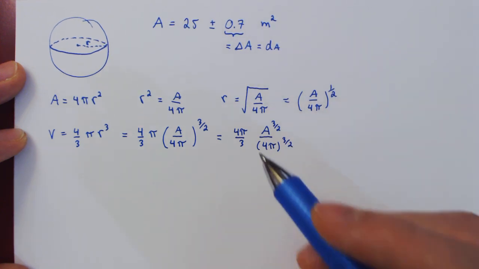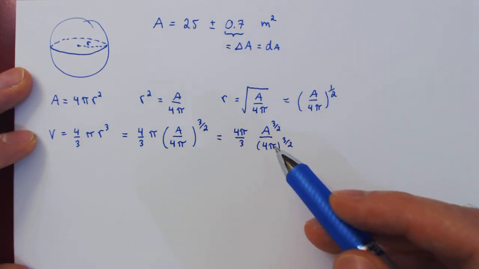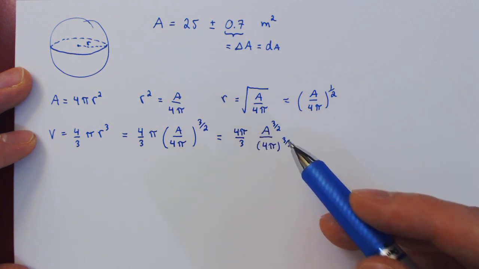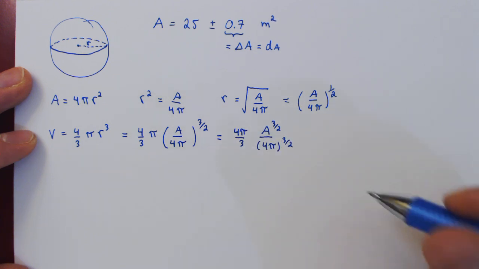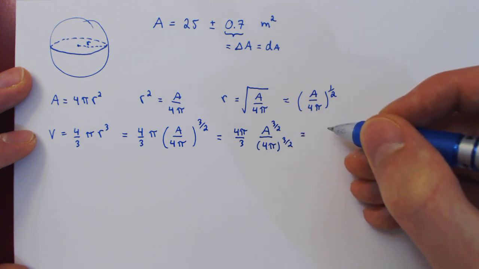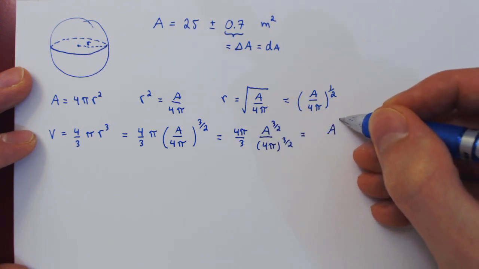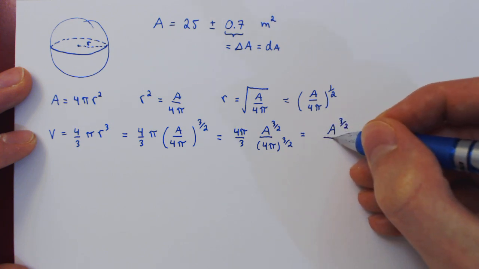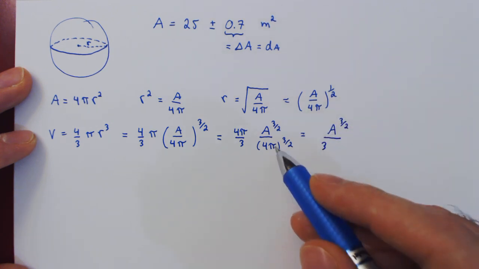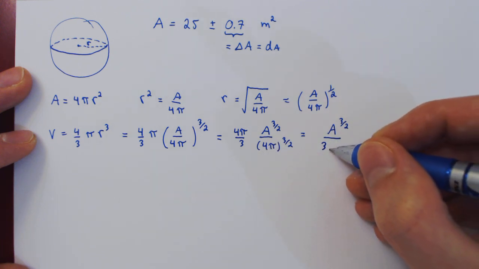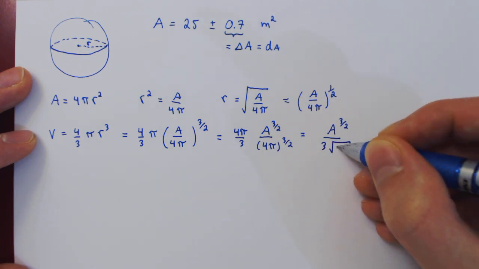And if you notice, we have a common multiple of 4 pi top and bottom. The power on top is 1. The power here is 3/2. So 3/2 minus 1 is 1/2. And so we are left on the numerator with A to the 3 over 2 over 3 times a power of 1/2 of 4 pi, which we can also write as the square root of 4 pi.